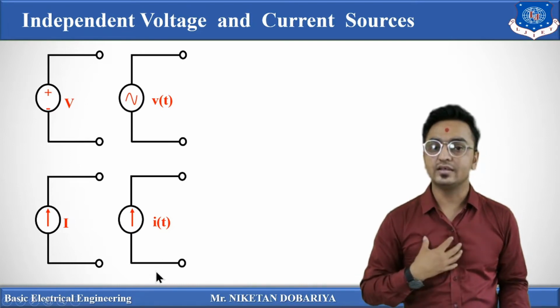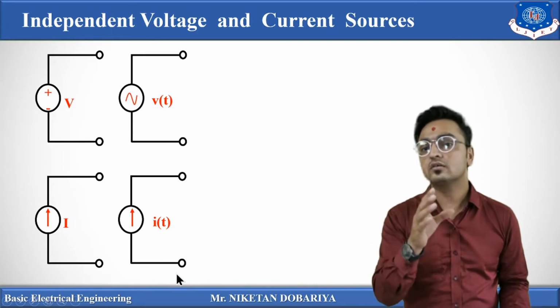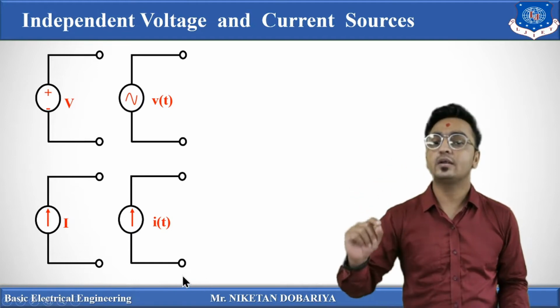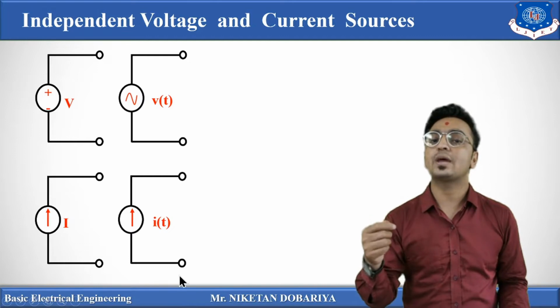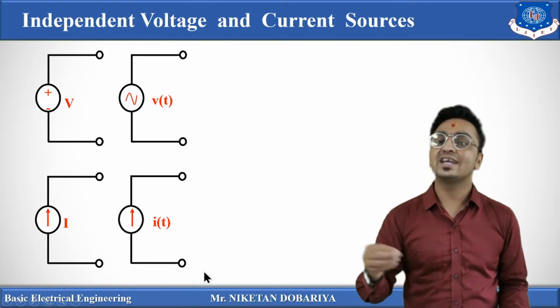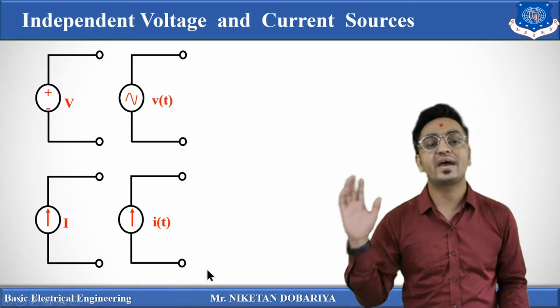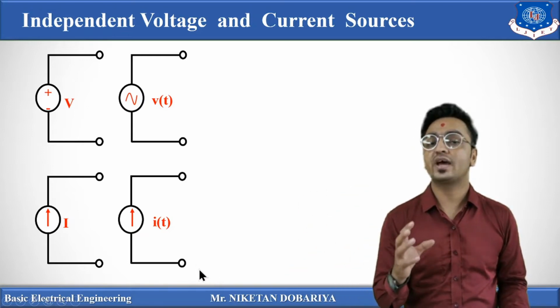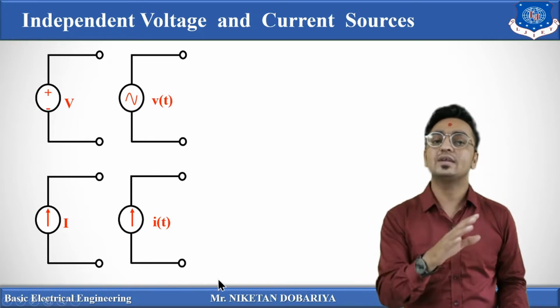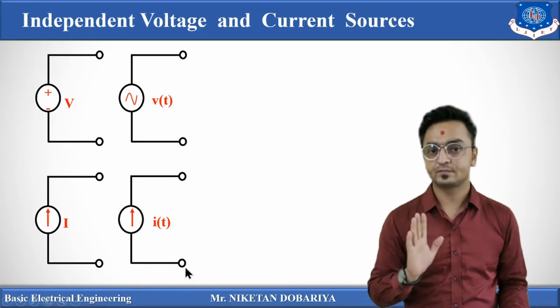So basically, we have cleared two terms here. First, independent. Independent means the output parameter of that particular source doesn't depend on any circuit or any external parameters. The output parameter of those sources depends on itself, and is basically constant.